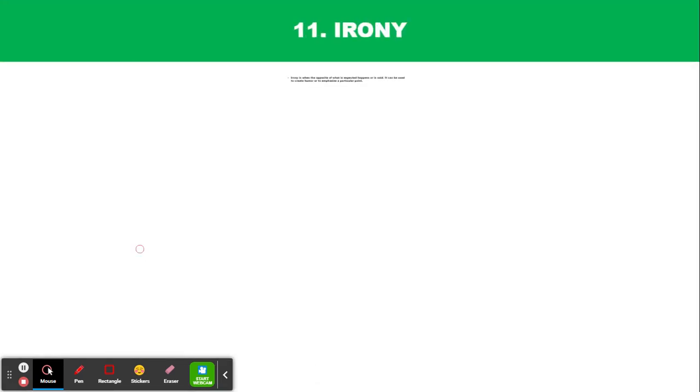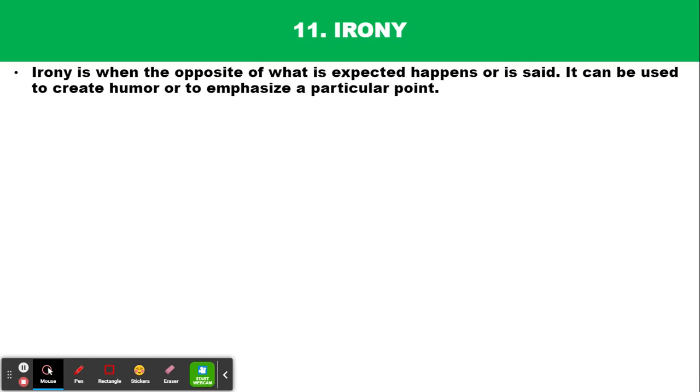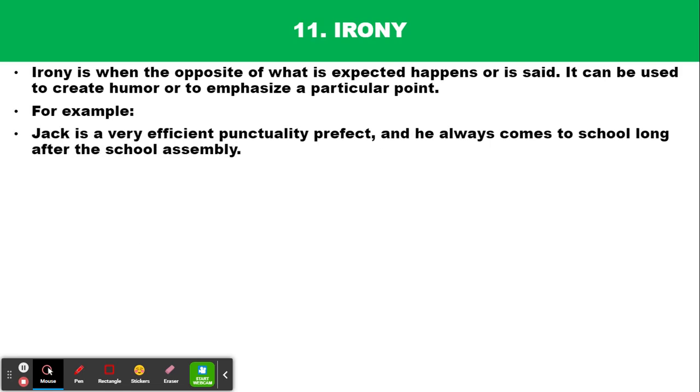Number 11, irony. Irony is when the opposite of what is expected happens or is said. It can be used to create humor or to emphasize a particular point. For example, Jack is a very important punctuality prefect and he always comes to school long after the school assembly.